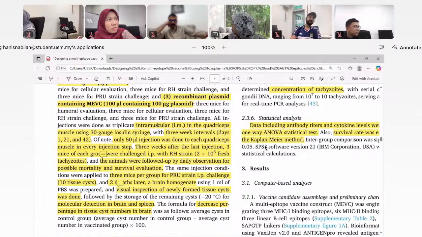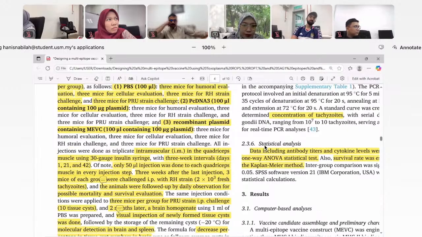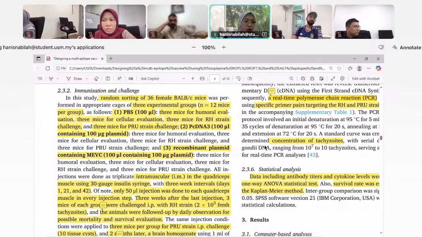So what is MEVC? Multi-epitope vaccine. This plasmid contains the epitopes that we retrieved with the in silico method. So pcDNA3 is the empty plasmid.